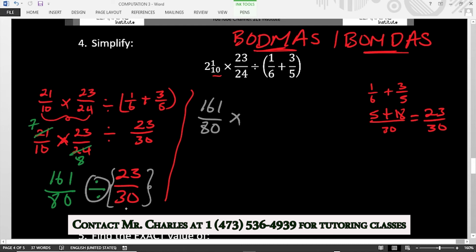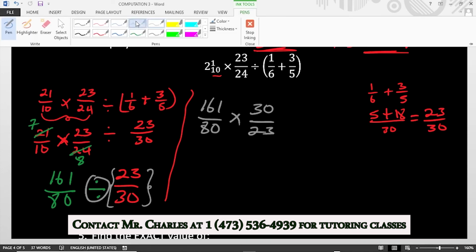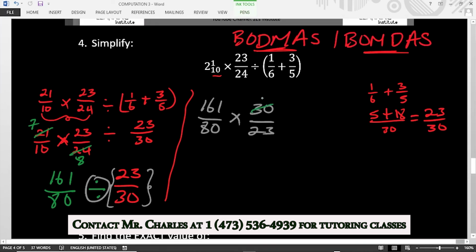So instead of 23 over 30, we have 30 over 23. And now we have to cancel. 10 into 30 is 3, and 10 into 80 is 8. Then 23 can go into 161 7 times, so 23 into 23 is 1.